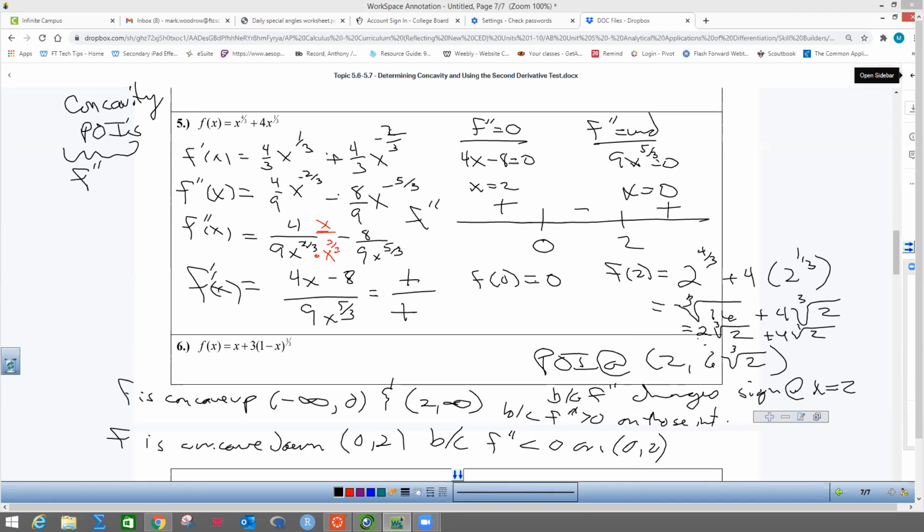So yes, you would want to say something about that f double prime of 0 does not exist. There is no point of inflection there. Okay? And that's because f double prime does not exist. Anybody else got questions on something?